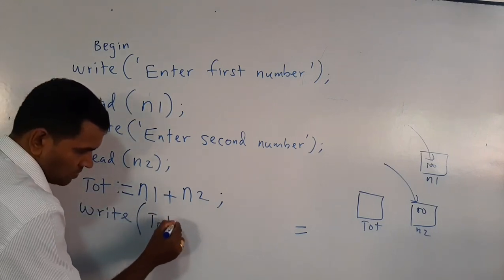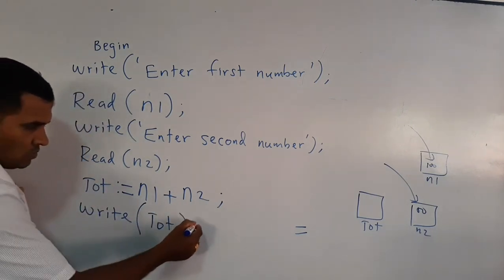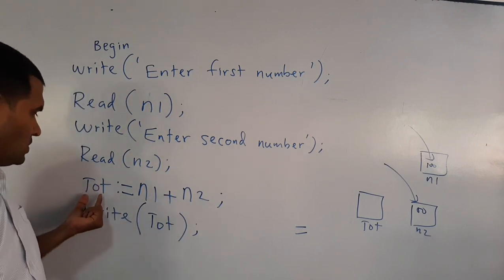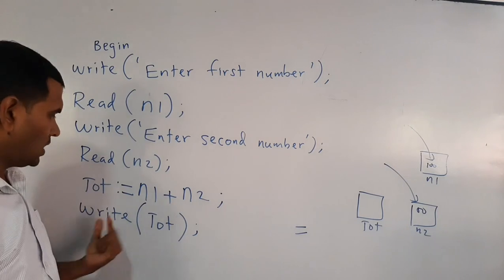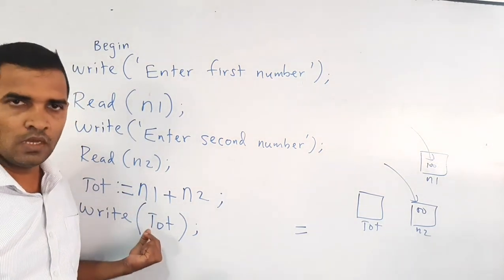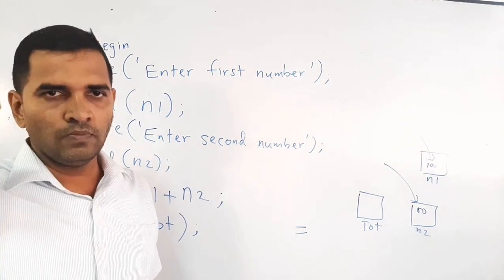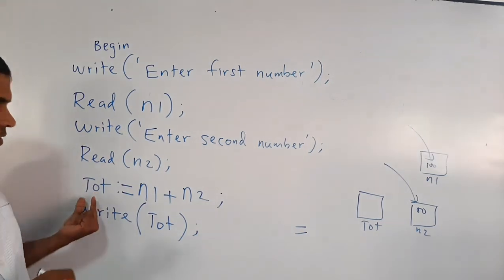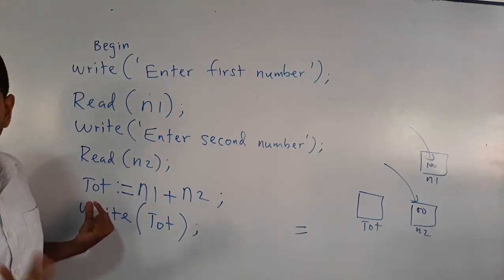TOT. Because you have to show the total number, which is saved in TOT. So write TOT. Note I don't put the single quote here because I don't want to show TOT on the screen. I wanted to show the number which is saved in the TOT.